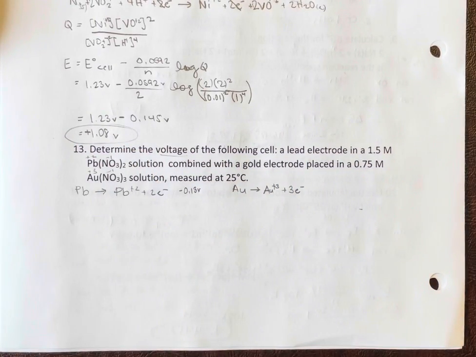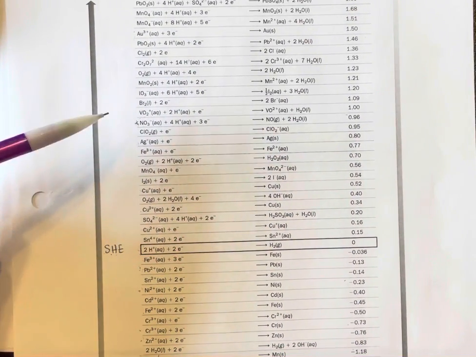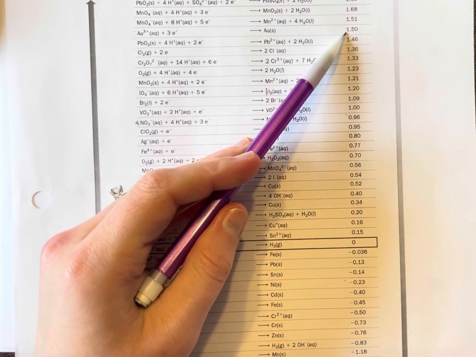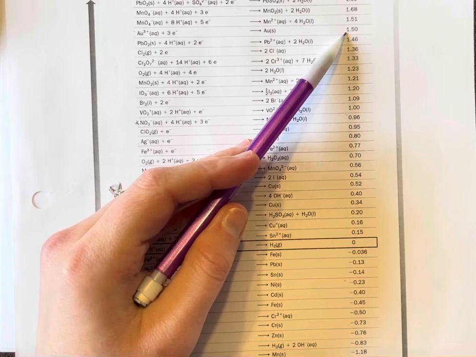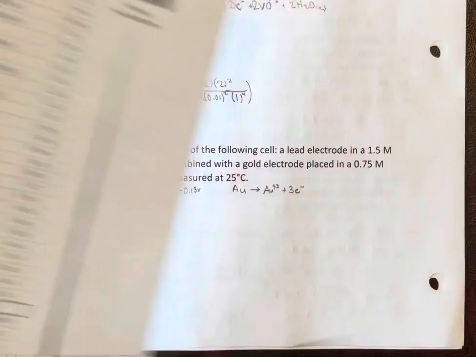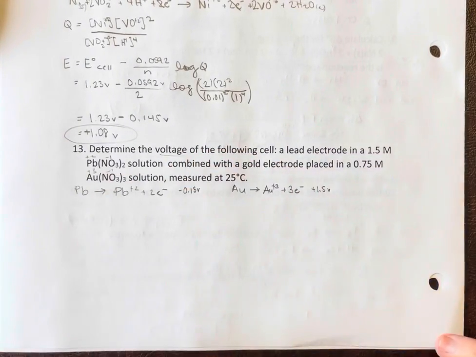And gold is way up here somewhere. There we go. Positive 1.5. All right, so gold, you can tell, really wants the electrons. So this is positive 1.5 volts.